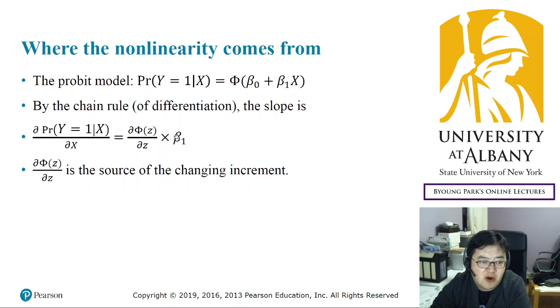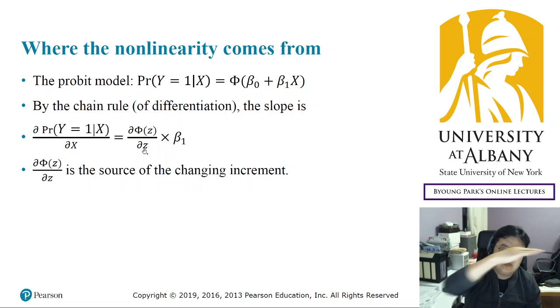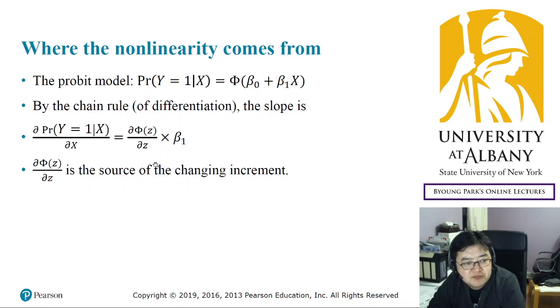So this is step 1, this is step 2. Step 2 has a nonlinear function. So it depends. If you change x, this derivative will be different. As I said, it's flat, steep, then flat. So this is the source of the nonlinearity. So the increment is not constant.